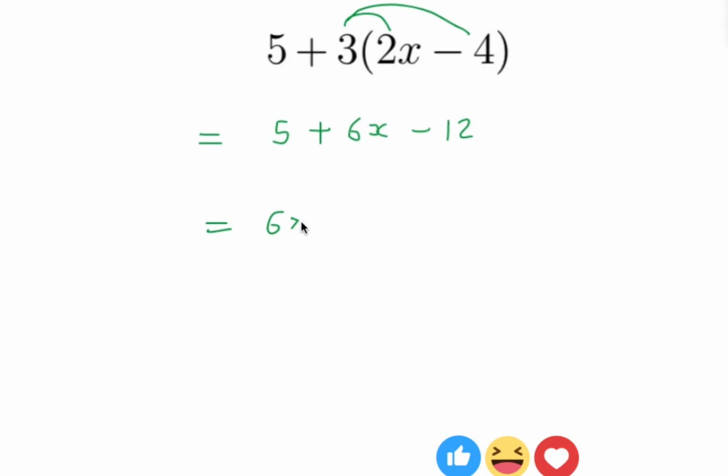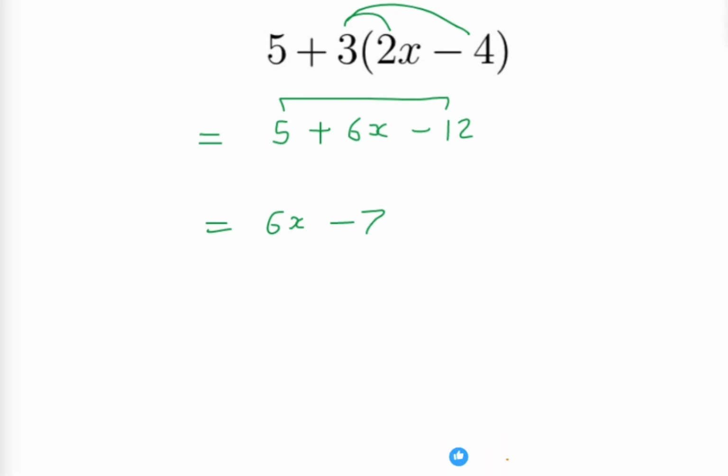So 6x, and we can combine this one, because 5 and minus 12 are constants, and their answer is minus 7. If you have any doubt, please ask me. So 6x and minus 7. Yeah, that's it.